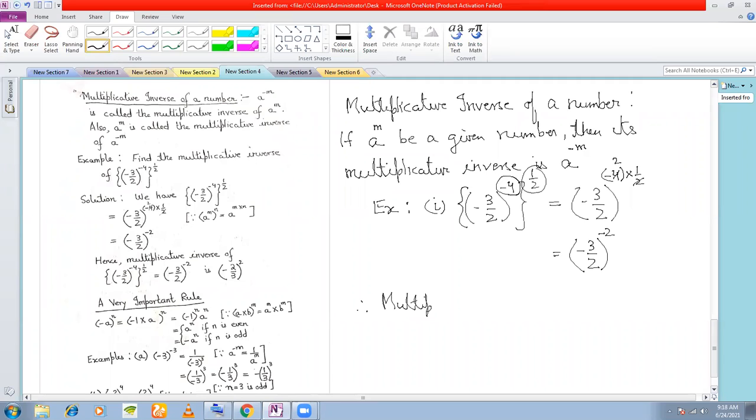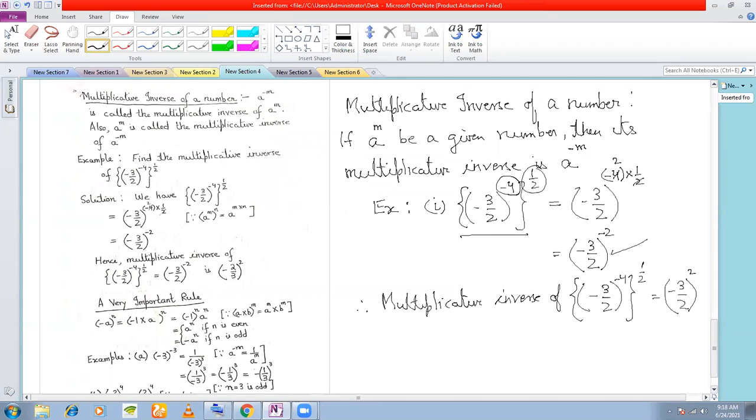The multiplicative inverse of this number that is given, minus 3 by 2 to the power of minus 4, whole to the power of half, which we already showed as a single power, you write minus 3 by 2 and you simply change the sign of the power.